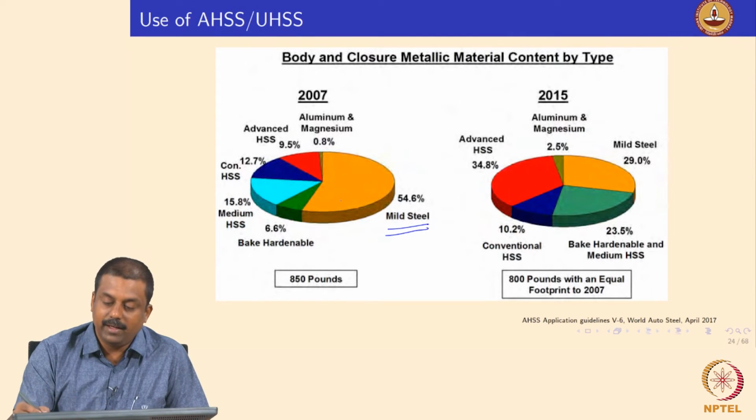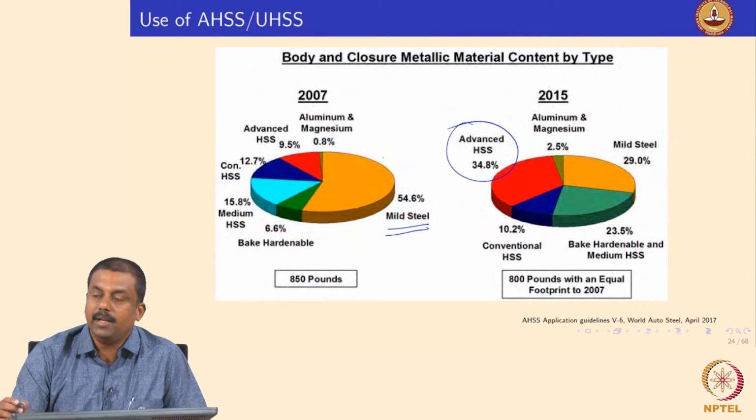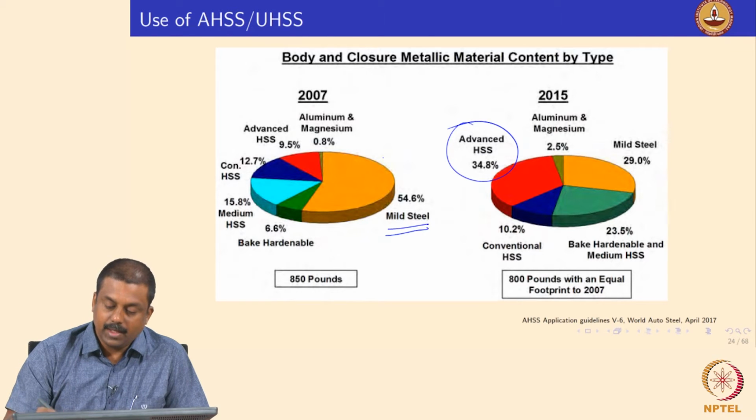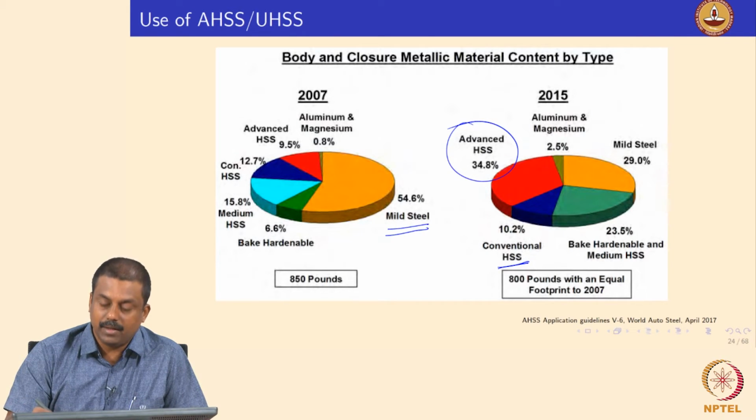Compared to 2007, if you look at 2015, the majority of mild steels are all replaced with advanced AHSS steels, mainly dual phase and TRIP or complex phase microstructures, as well as the conventional AHSS steels, which are carbon manganese or ferritic martensitic steels in some applications.